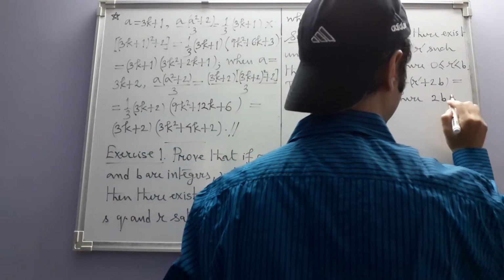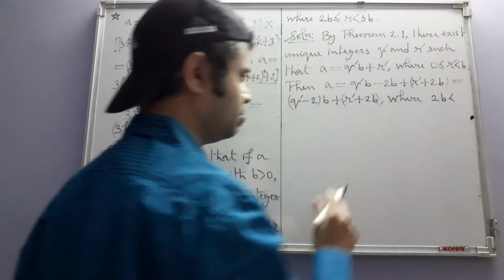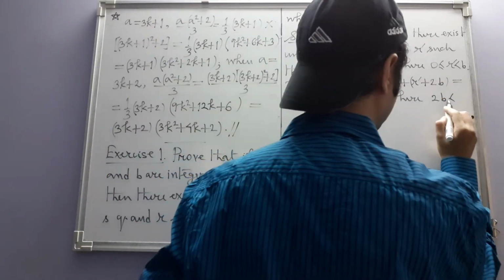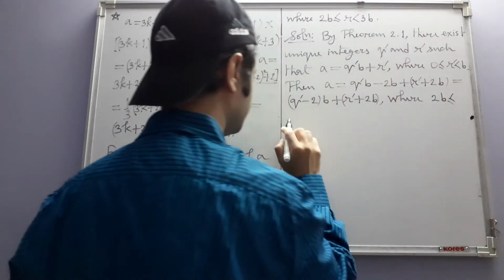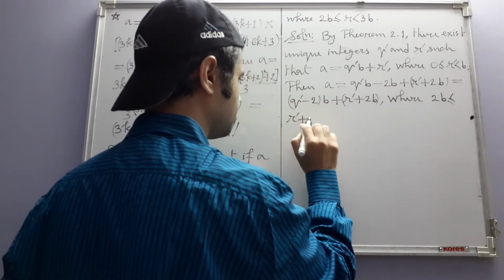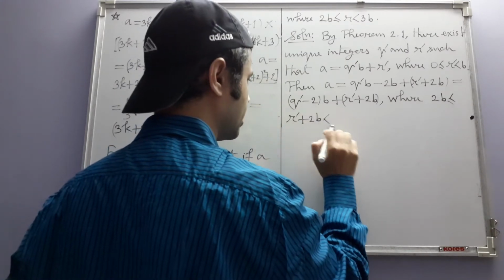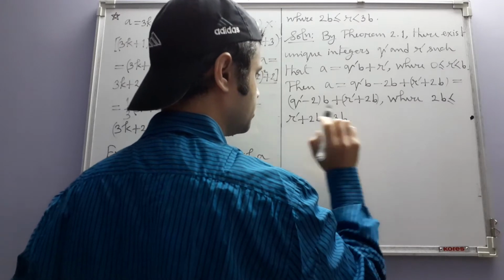Namely, if we add 2b throughout, then 2b will be less than or equal to r prime plus 2b, and that will be less than 3b.